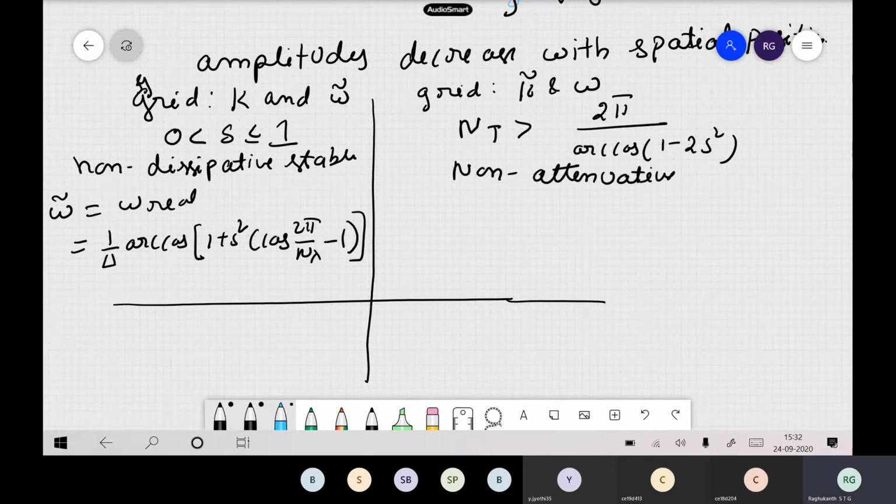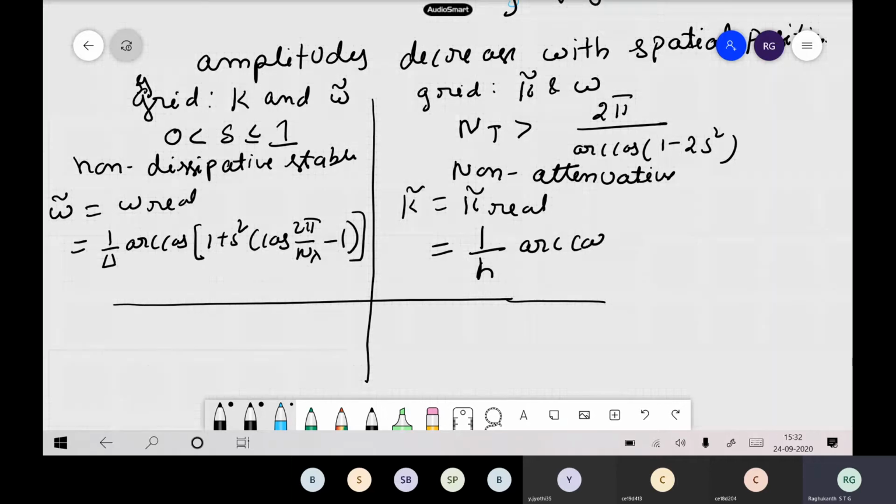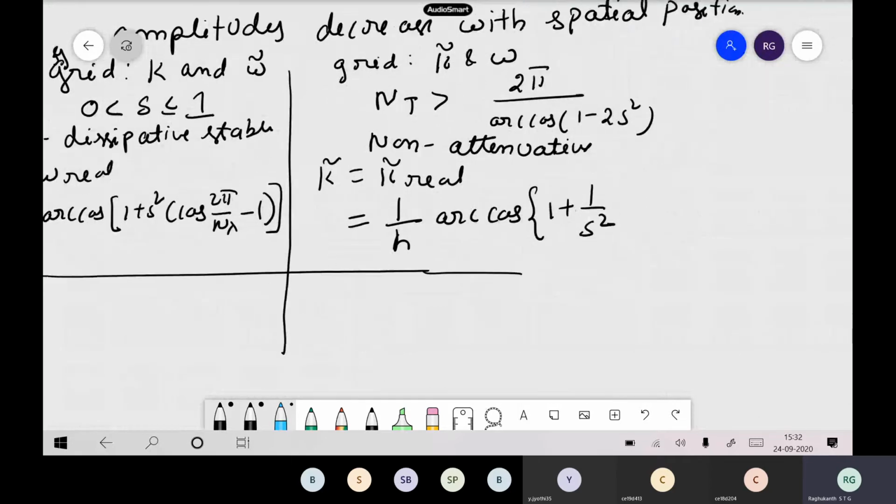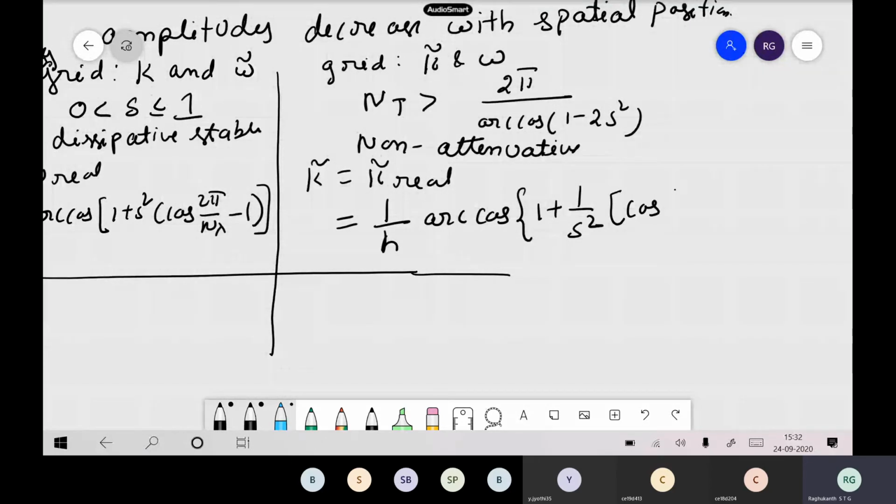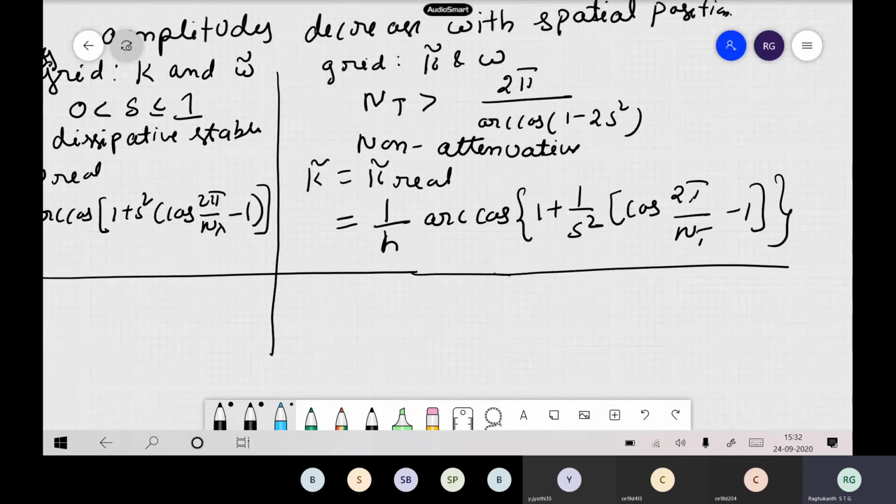Your k hat is a pure real quantity, and our dispersion equation is 1 by h, arc cos of 1 plus 1 by s square, cos of 2 pi by n times t minus 1. So this is true for both the cases.